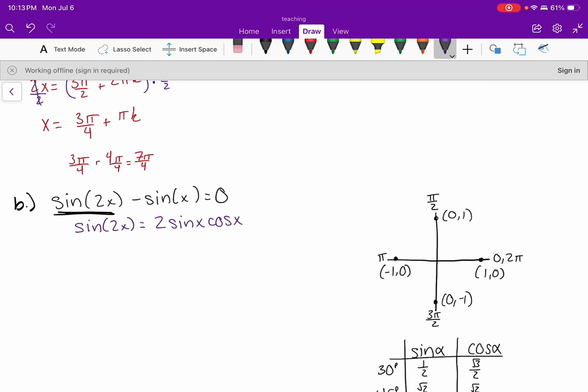Now you may be like, but that's going to add a cosine. Don't I not want multiple trig functions? You'll see what we do. I'm going to replace this. So instead of sine 2x, I'm going to say 2 sine x cosine x minus sine x equals 0.